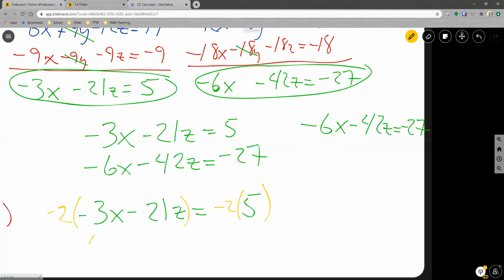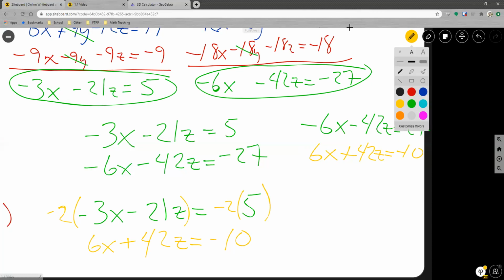Negative 2 times negative 3 becomes positive 6x. Negative 2 times negative 21 becomes plus 42z. And negative 2 times 5 becomes negative 10. I'm going to take this modified two-variable equation and put it right under this one. We're going to see something interesting in just a second.